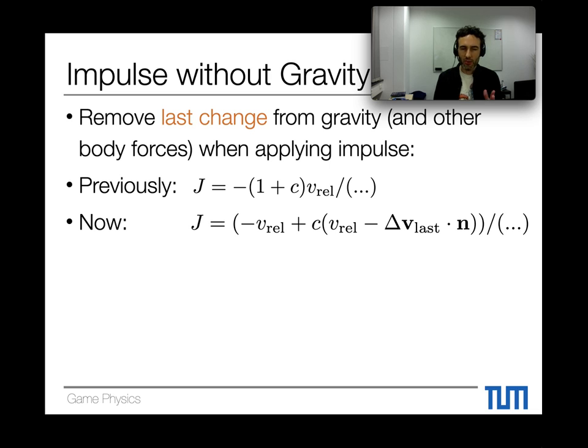And also because we're typically evaluating this impulse not necessarily along the ground, but some other direction as well, only the component that was actually working along the direction that we're considering for the impulse. So this is a term that actually removes this bounce back from gravity.